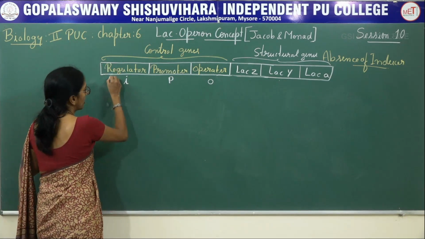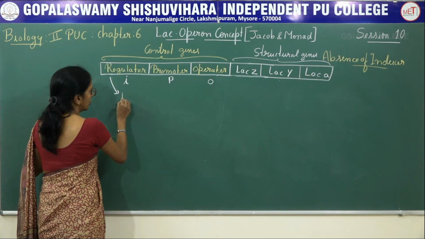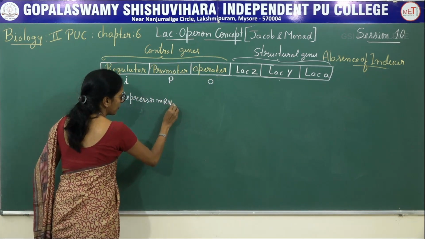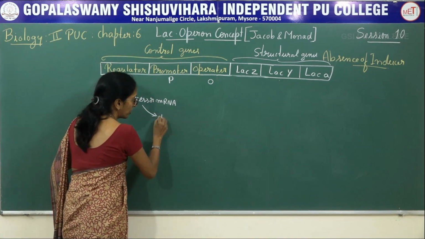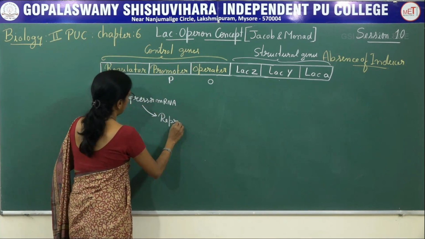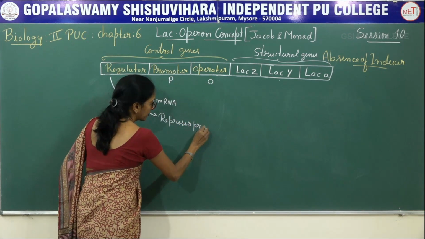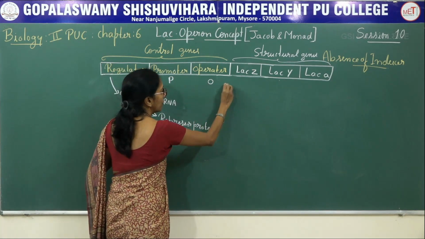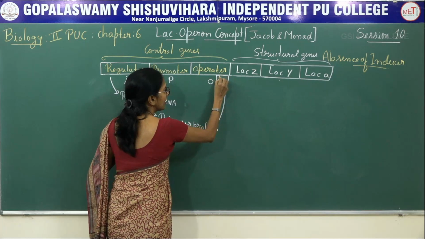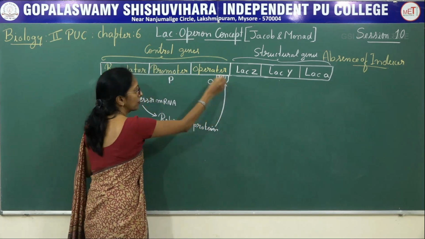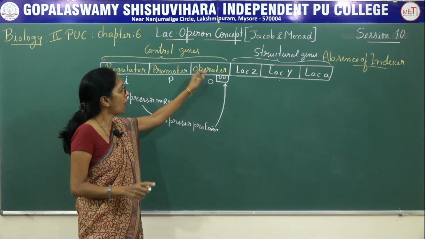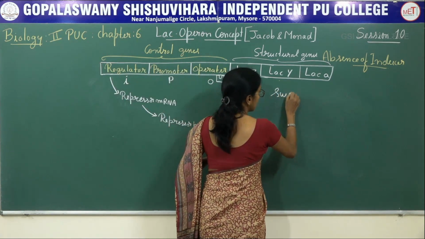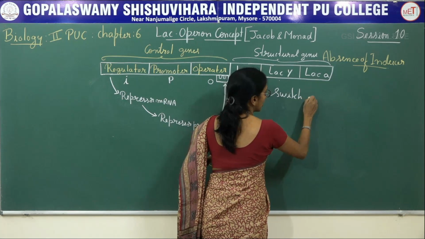Now, this regulator helps in the synthesis of repressor mRNA, which in turn produces a protein that is said to be repressor protein. Now, this repressor protein binds to the operator. Here, there will be an attachment of this repressor protein so that the operator turns off, the switch is off.